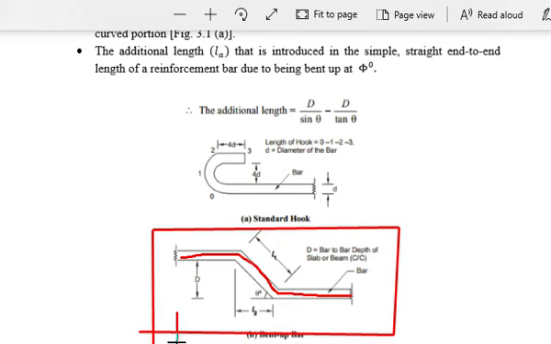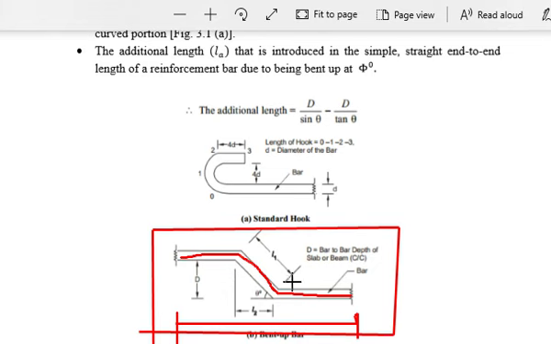This is the length they mention. So there may be a provision for additional length. Additional length means this length is additional.